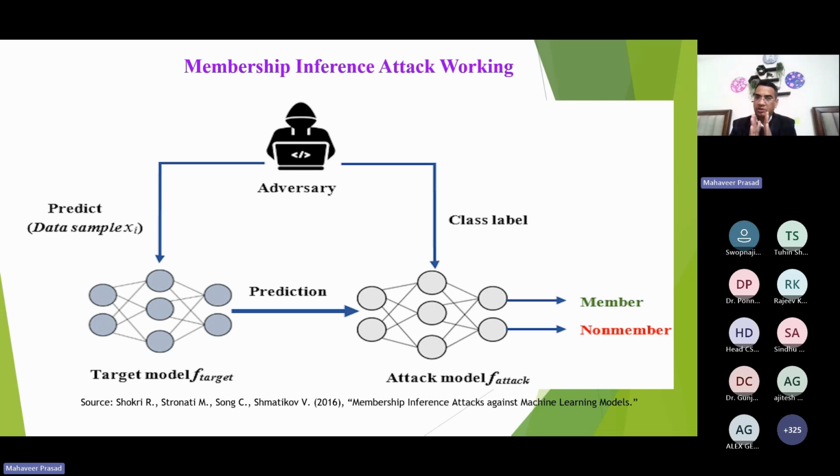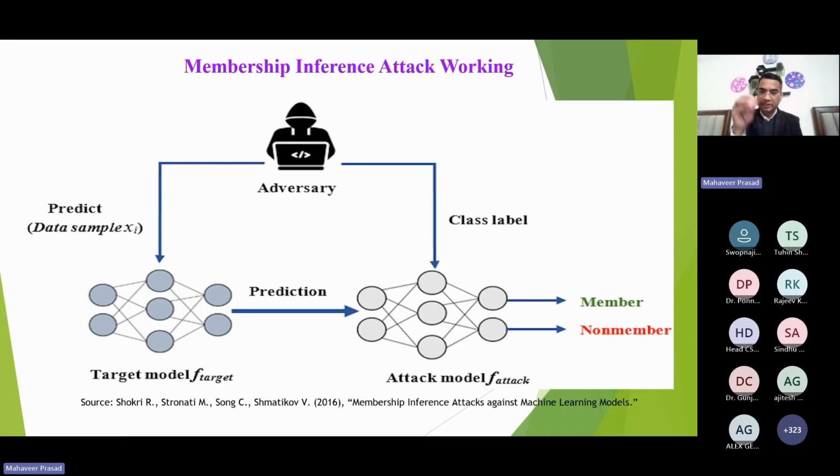So now what is the attacker doing? He has generated a model here by himself. Now he's trying to send some data to the target model, or actual model, you can say. He's sending a lot of data to this and finding out the result.